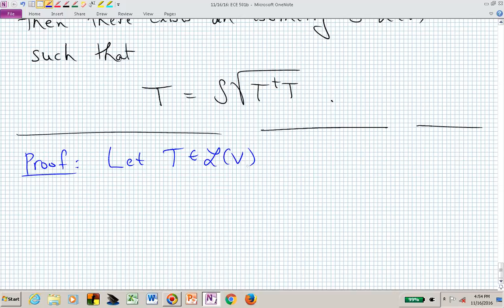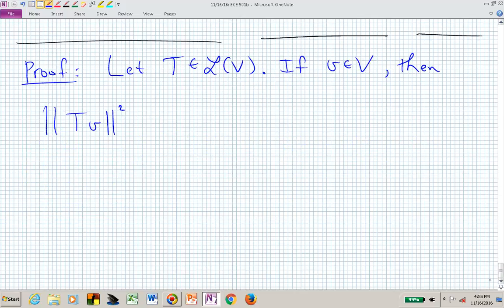First, let's just start with T being a linear operator on V. And now let's pick any vector v in that vector space, capital V, and let's look at what happens when we start manipulating the norm squared of Tv.